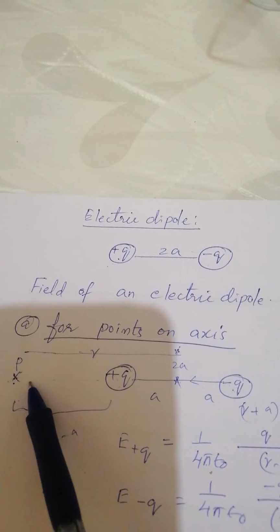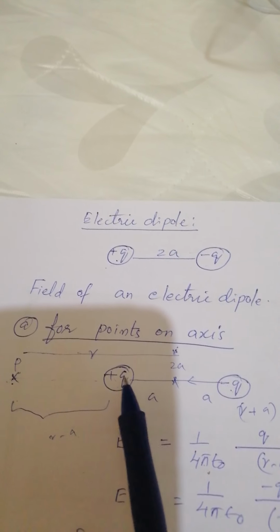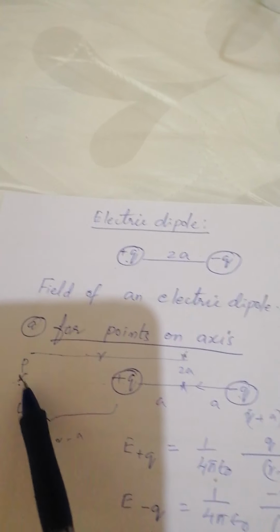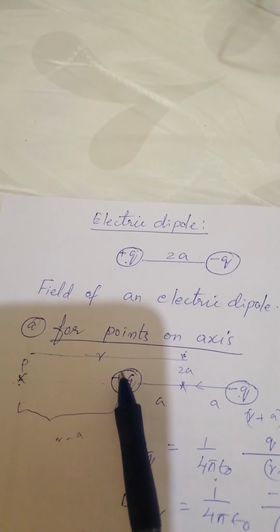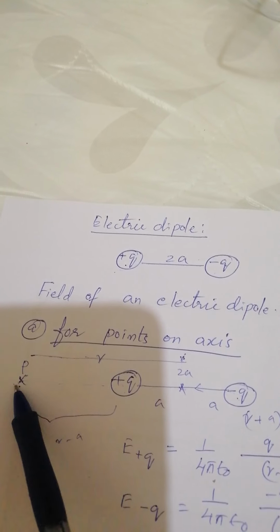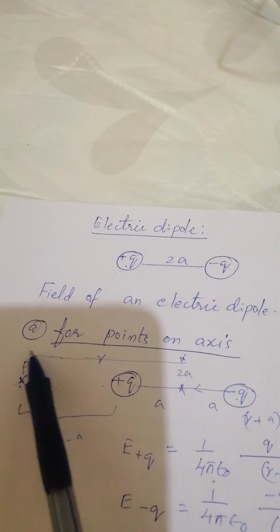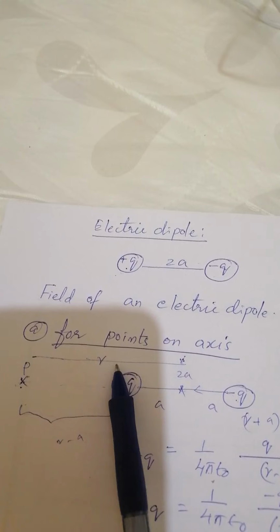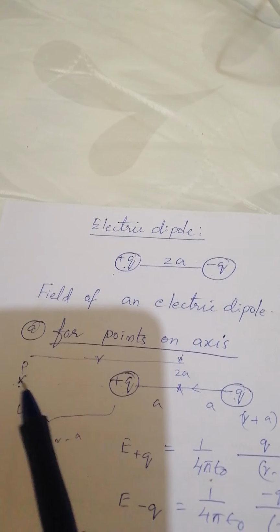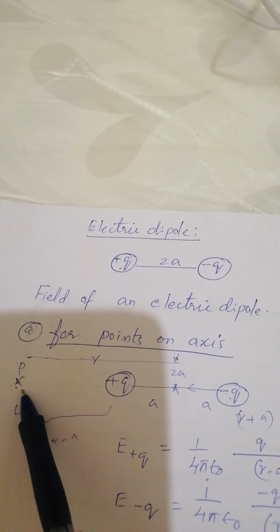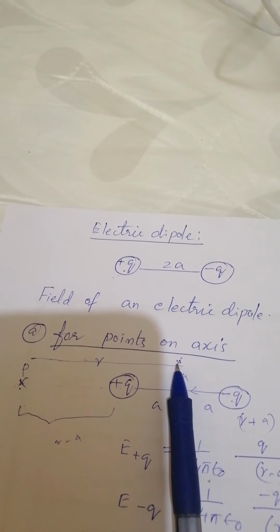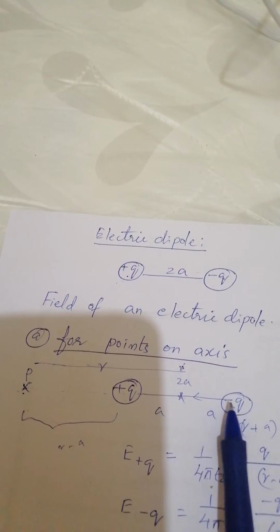The distance of this point P from plus q is r minus a, and similarly the distance of P from minus q is r plus the extra distance a, r plus a.